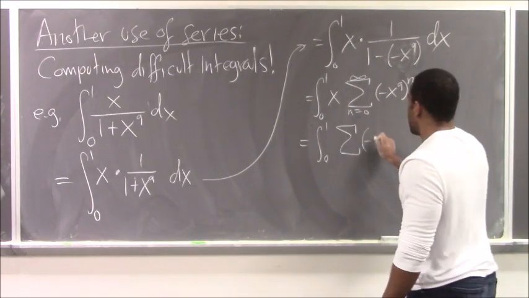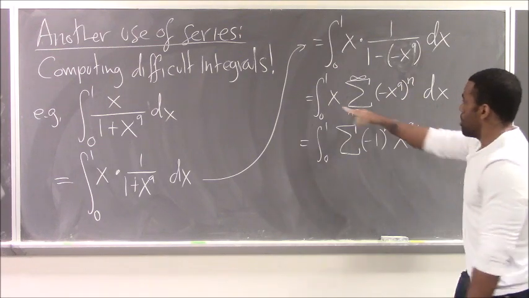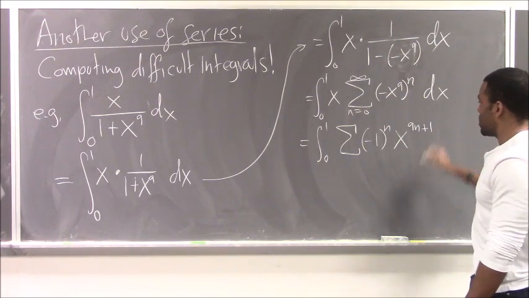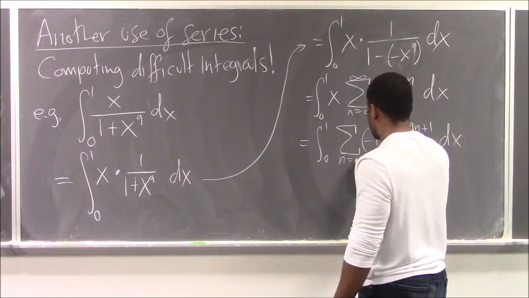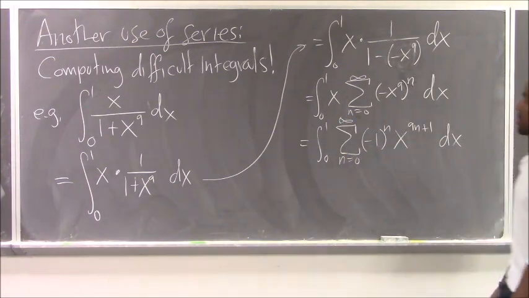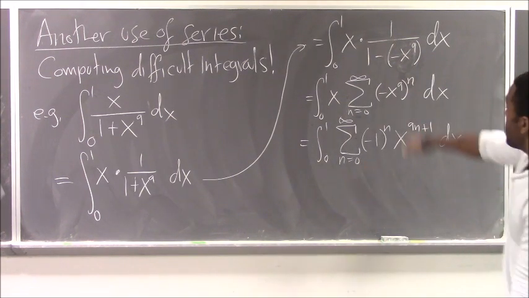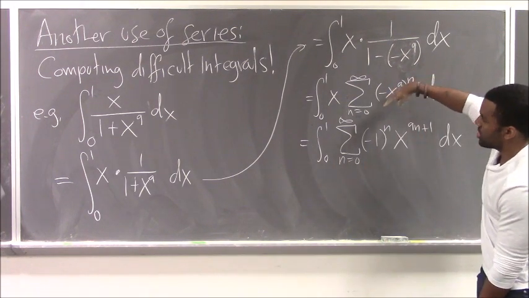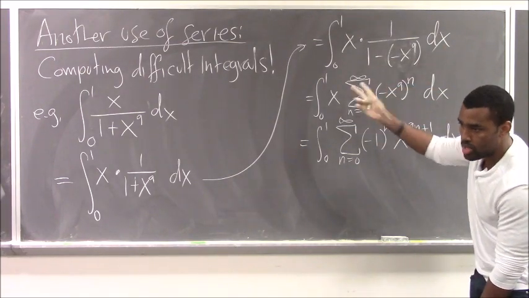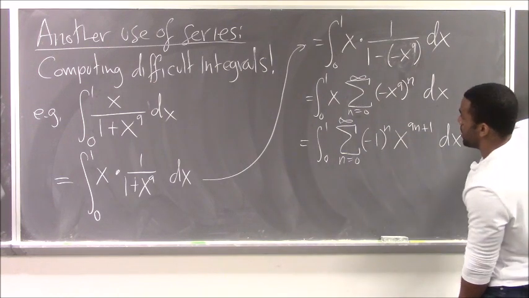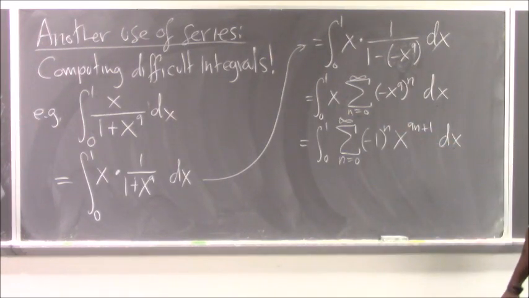So I would have minus 1 to the n, x to the 9n, but then I multiply that x in, so it becomes 9n plus 1. We have absolute convergence here, so that's a sum that I can do mathematical operations with. Distributive law is going to work, commutativity of addition is going to work. Just multiply the x in. That just means move the x inside the series. I would end up with this guy.